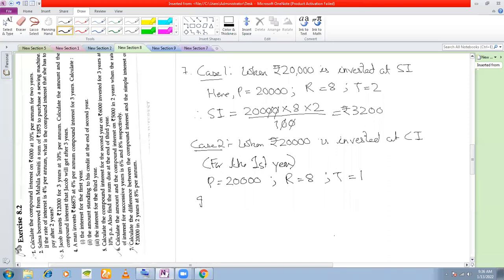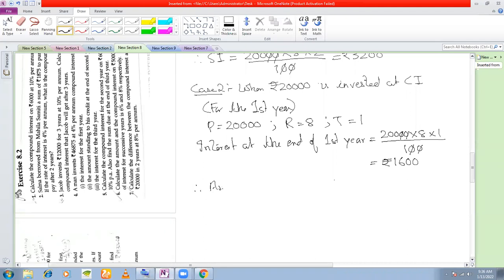So interest at the end of the first year is 20,000 into R into T by 100, which is 1,600. Therefore, the amount at the end of the first year is 20,000 plus 1,600, which is 21,600.